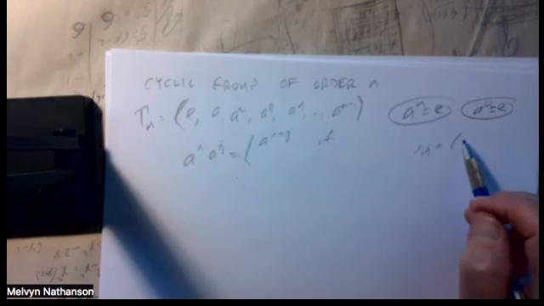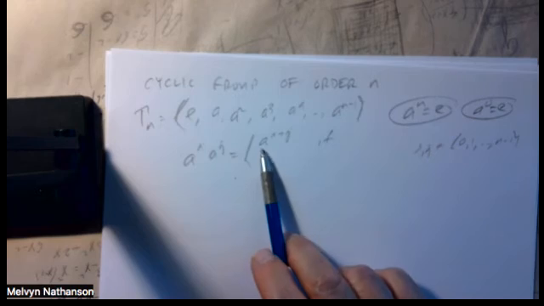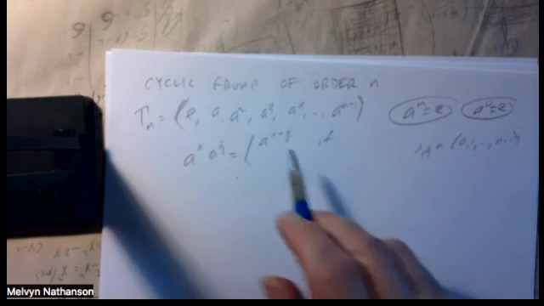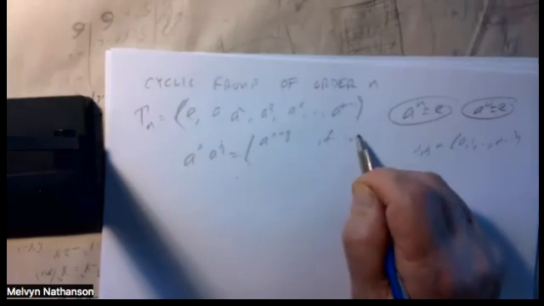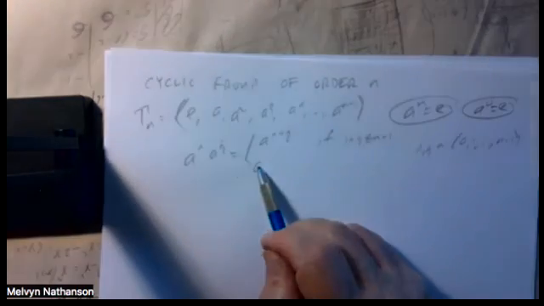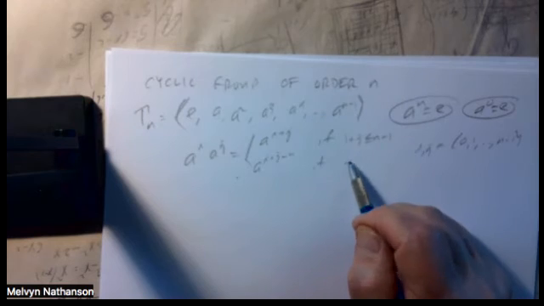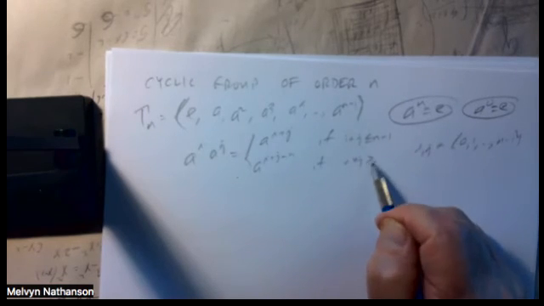So for i, j between 0 and n minus 1, a to the i times a to the j is a to the i plus j if i plus j is less than or equal to n minus 1, and a to the i plus j minus n if i plus j is greater than or equal to n.